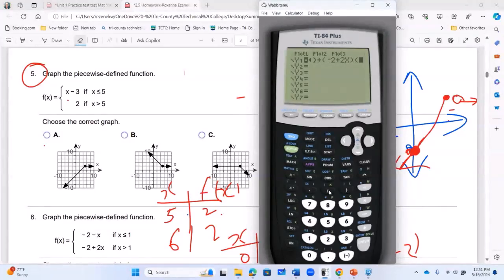So there should be a parenthesis for the condition. So I'm ready to put in the condition. It says x greater than 1. So x. And then go to test again and find where greater is. I've done it several times. I know you will be able to find it. And greater is number 3.